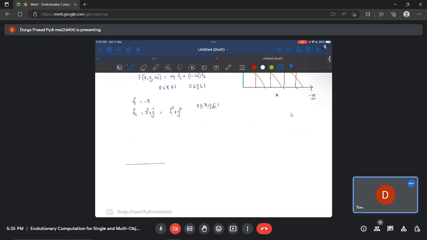If this is my value of 0, f1 is minus x, so it will range from minus 1 to 0. These will be the values for my f1.